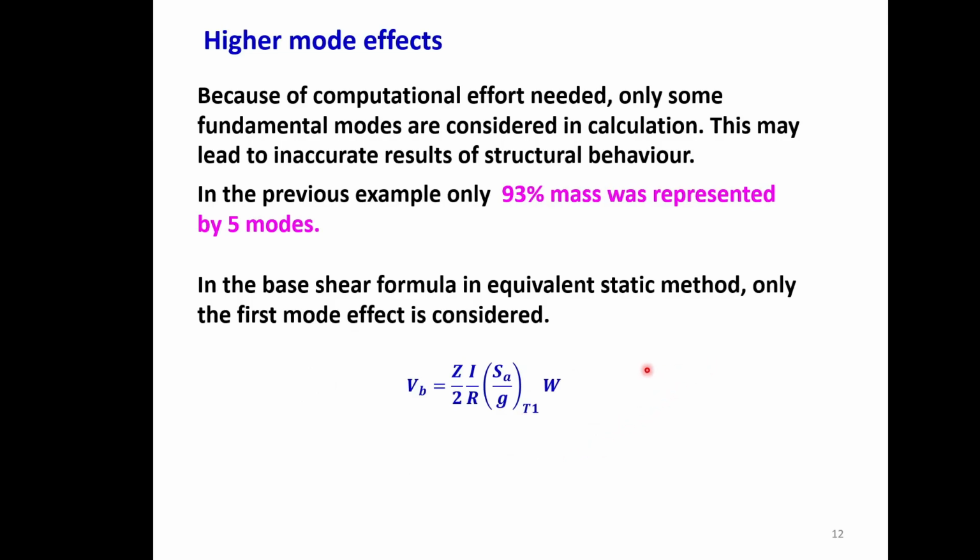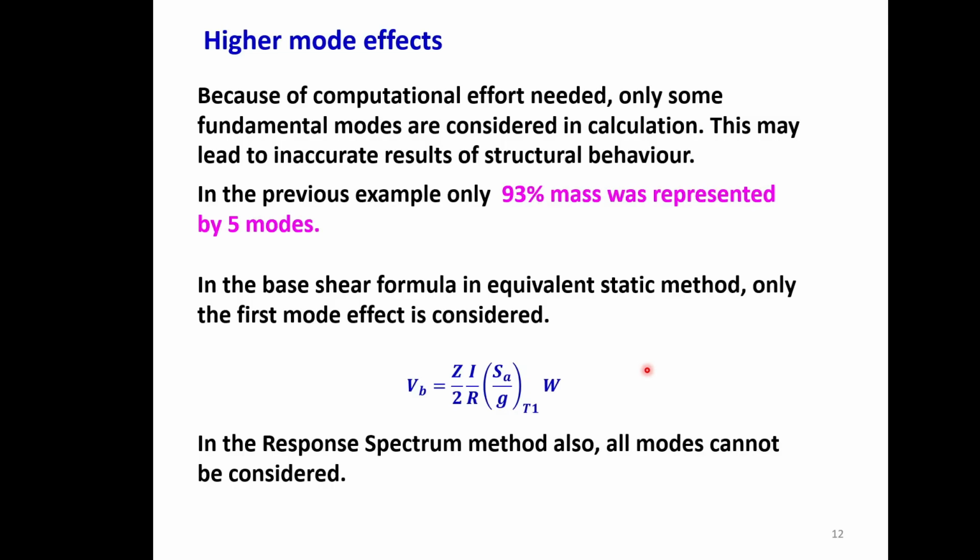Now this can be overcome by considering the response spectrum method where many modes can be considered. But you cannot consider 100 modes in your analysis. For example, in SAP 2000 software, it considers only 12 fundamental modes in the beginning. So other modes will be left out. Suppose you are considering a multi-story building, there may be 20,000 nodes and 20,000 degrees of freedom, and there will be 20,000 eigenvectors, eigenvalues, and frequencies.